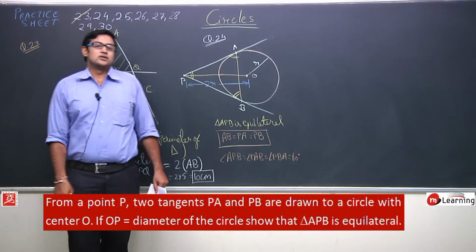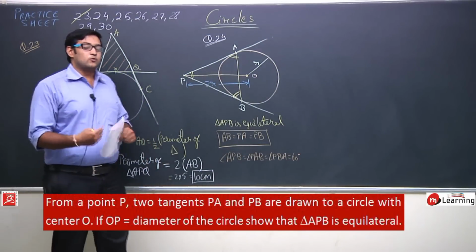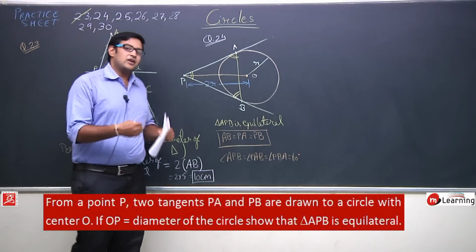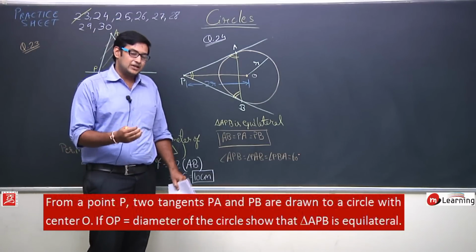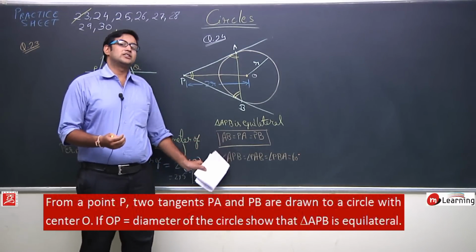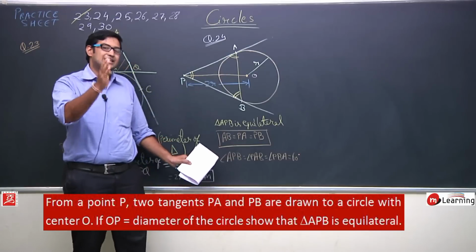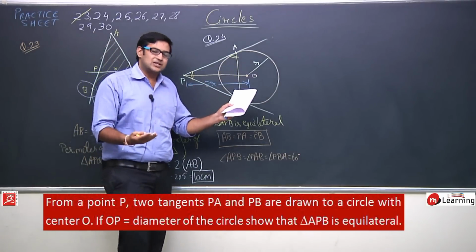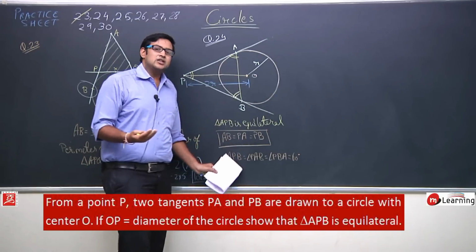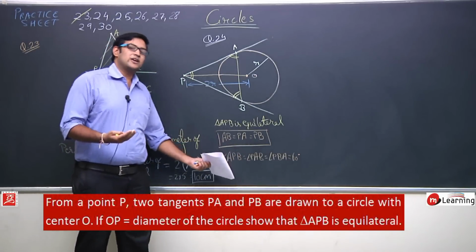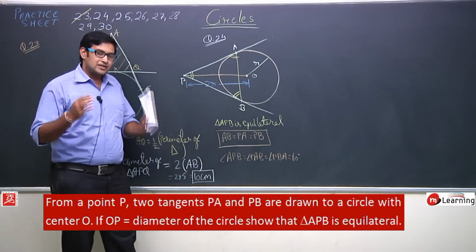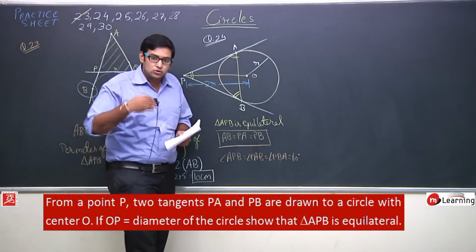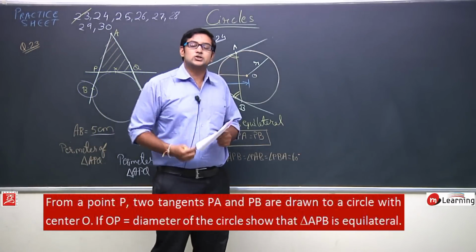Okay, so let us try to prove. So what should be our approach? Our approach should be that we need to prove this or this relation. Okay, try to understand this concept what I am saying. Sometimes it happens to us that we write the question, we write the to-prove condition, we write the given condition, but still we are not able to figure out how to approach this question.